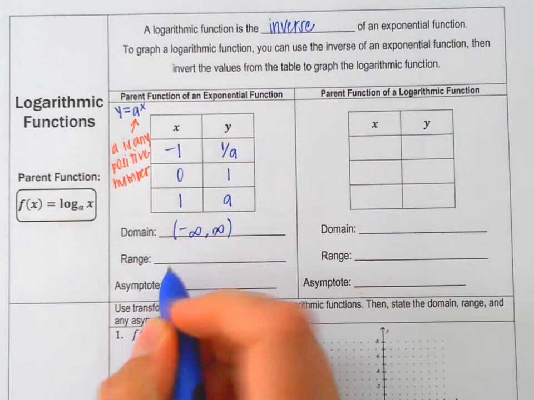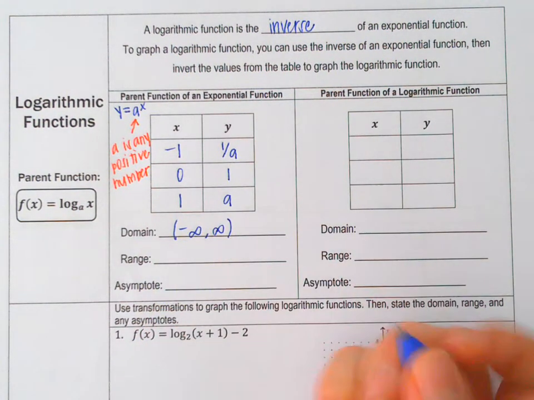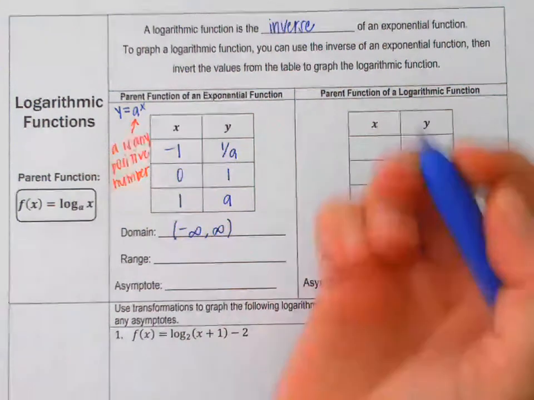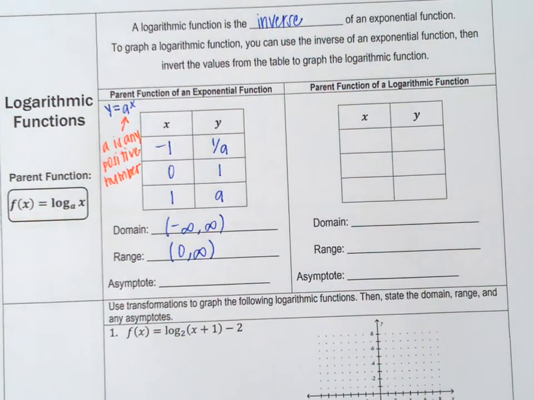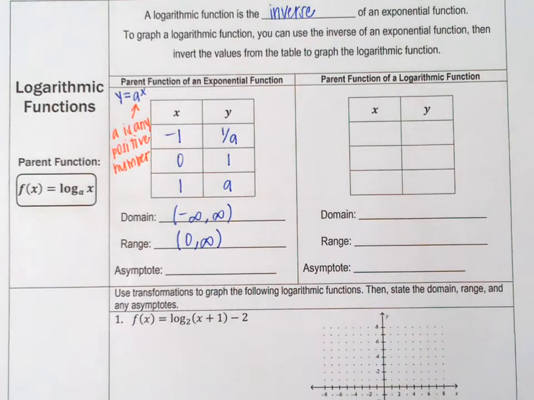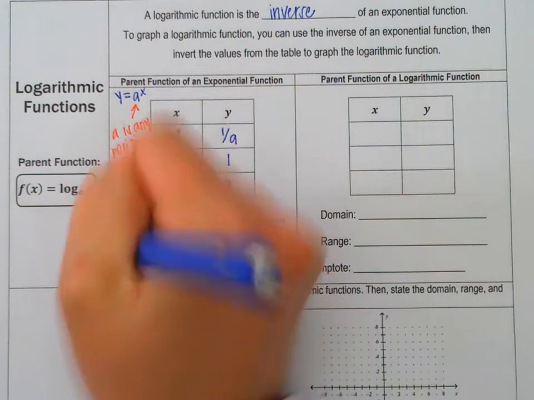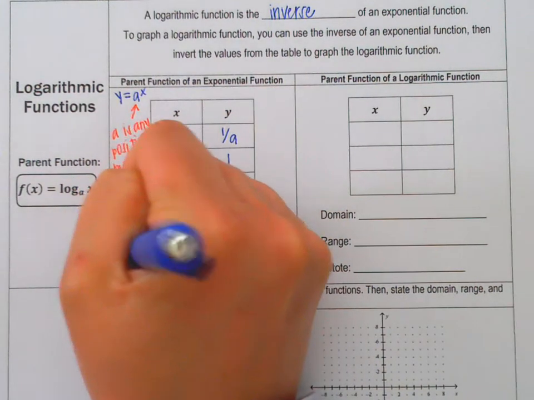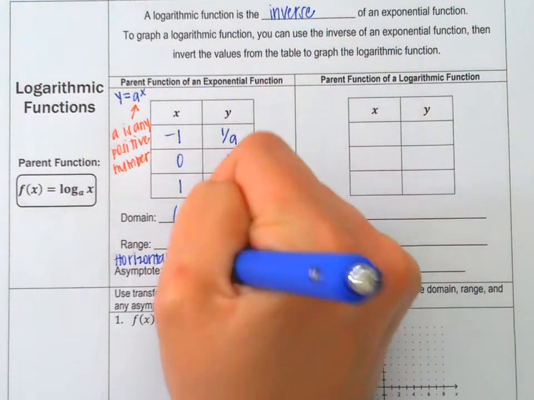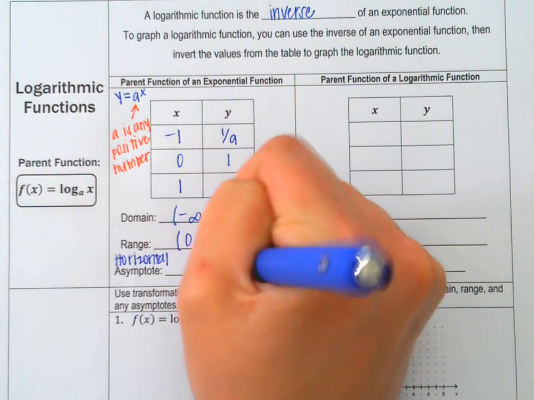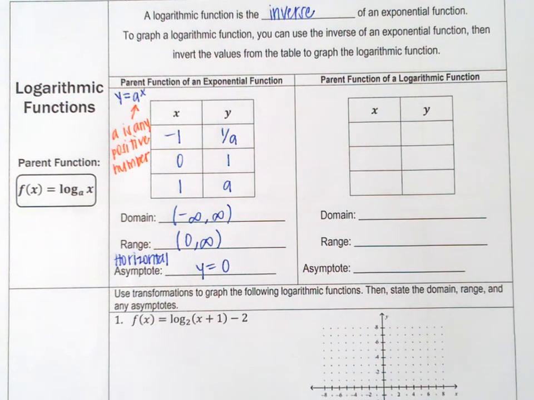And then the range of a parent function before any transformations was 0 to infinity. And then we had an asymptote. For an exponential function, we have a horizontal asymptote. And the horizontal asymptote before any transformations was at y equals 0.